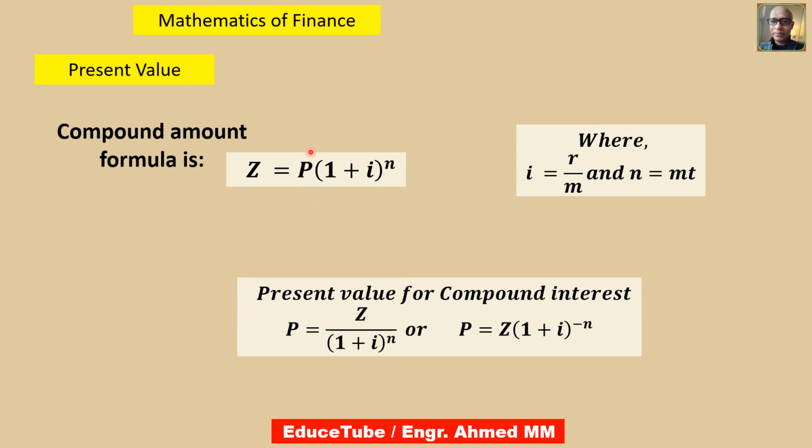So present value is actually this P. So Z will be here divided by this. It can be like this or it can be like this. If we are asked to find the present value, right away we can use directly this one or this one. Let's see an example in the next slide to see how to find that.